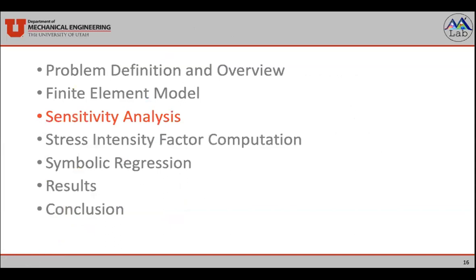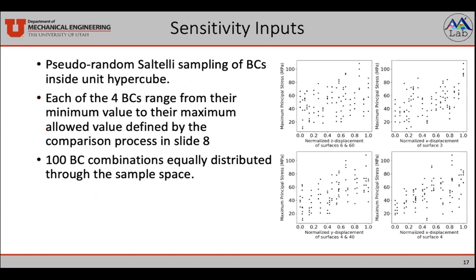So with these maximum allowed displacement boundary conditions, we performed a sensitivity analysis to understand how the boundary conditions affected the maximum principal stress at the point on the weld surface, at the center of the weld surface. We used a pseudo-random Saltelli sampling method of all the boundary conditions.